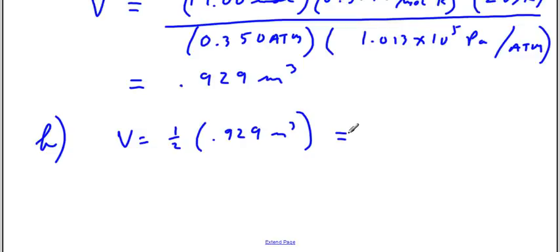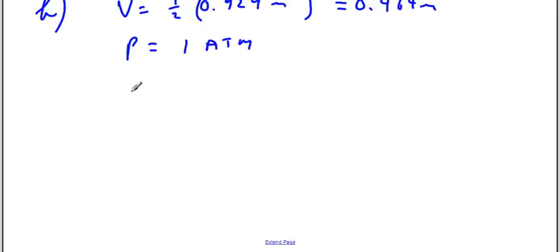Divide by 2 is 0.464 meters cubed. We'll put a 0 in front of it. And my pressure is going to go to 1 atmosphere.